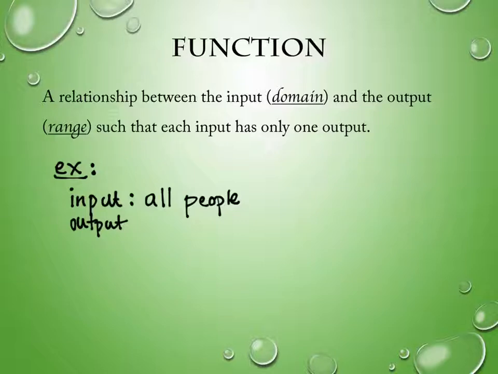And the output is that person's biological mother. This is an example of a function. You select a person, and they have one and only one biological mother. Guaranteed, right? There's no other way that that works.